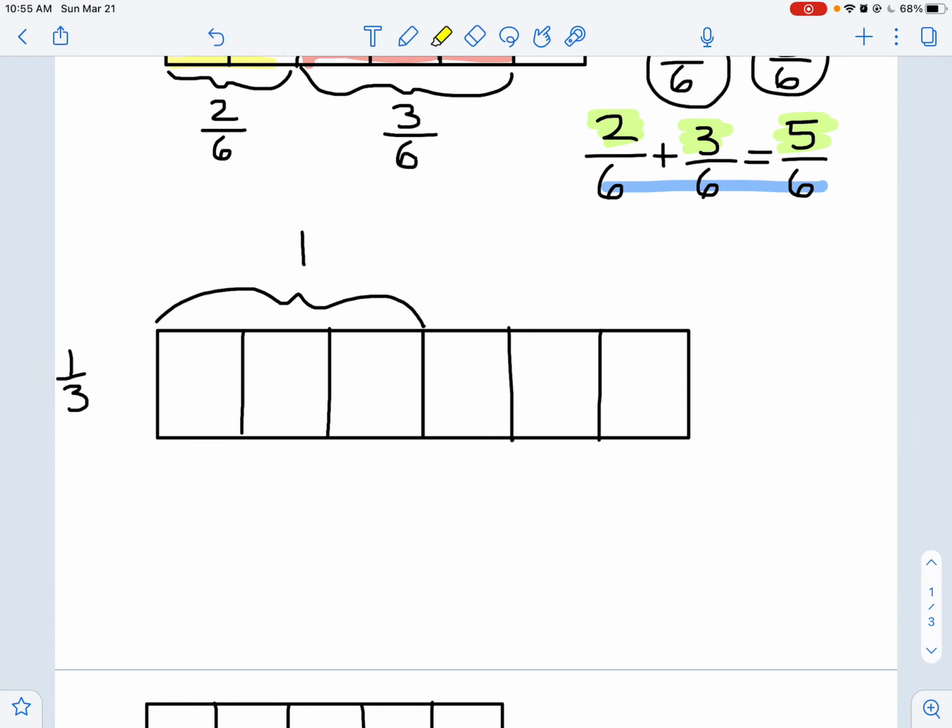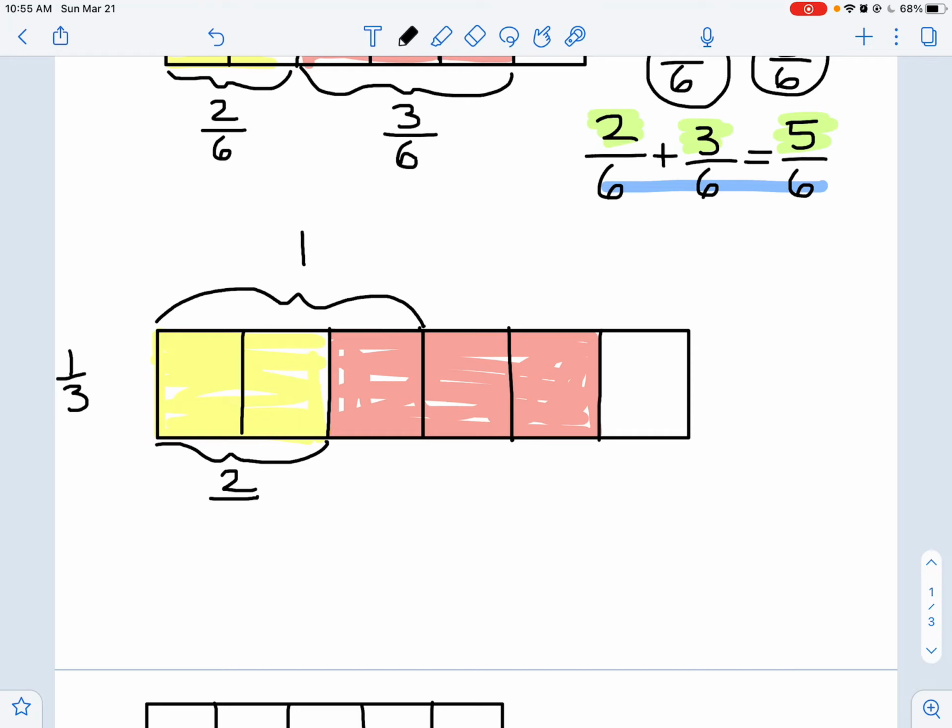What if I colored this much yellow and then this much red? Let's see what we would come up with as our addition sentence. So once again, let's look at our first little part that's yellow. How many parts are colored? That's our numerator, 2. And what's our unit fraction?